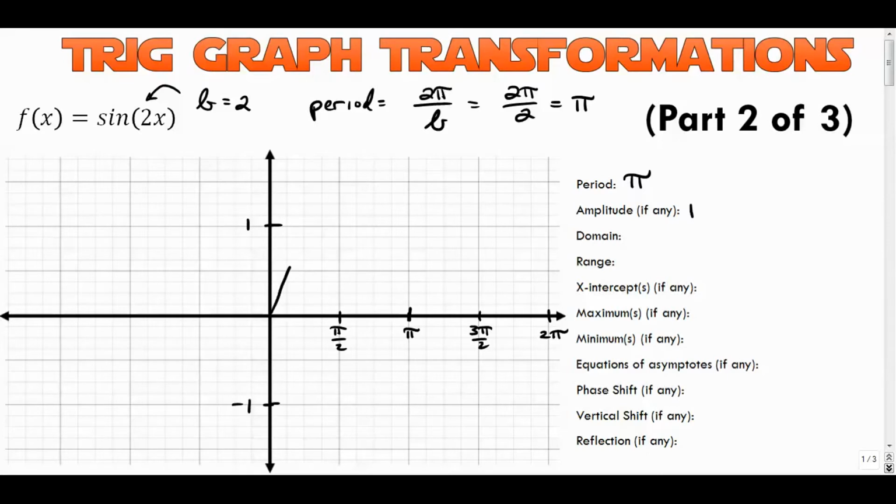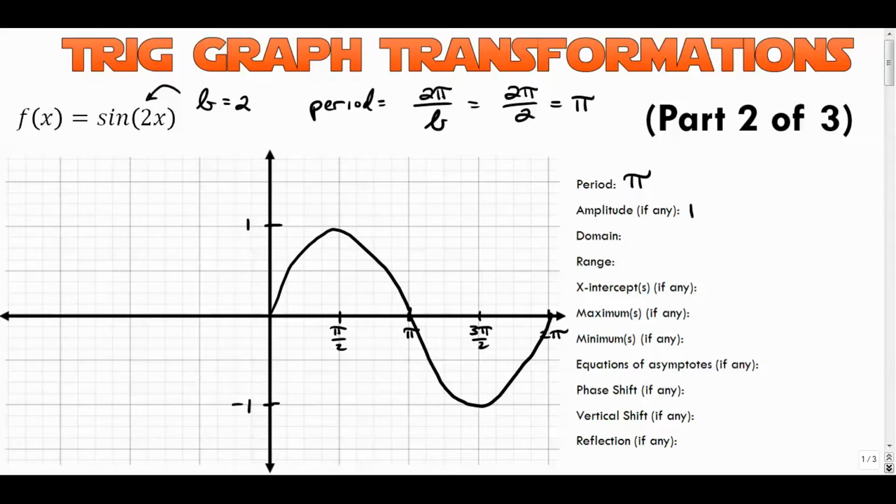The normal sine goes up to here, down to here, down to here, and up to here. That's the normal sine. That's when the period is 2 pi. Remember, the period is how long it takes for the graph to complete one cycle. So this is the normal sine. Goes up to 1, down to -1.